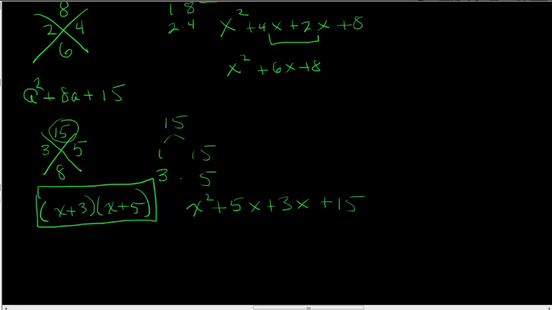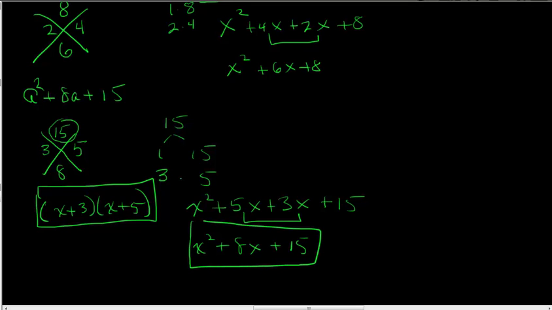Again, combining like terms, this would give us x squared plus 5 plus 3, which is 8x, and plus 15, which is exactly what we started with. Oh, I changed the variables to x, but we can just change the variables back, because I prefer x's for some reason or other. This would be a squared plus 8a plus 15.